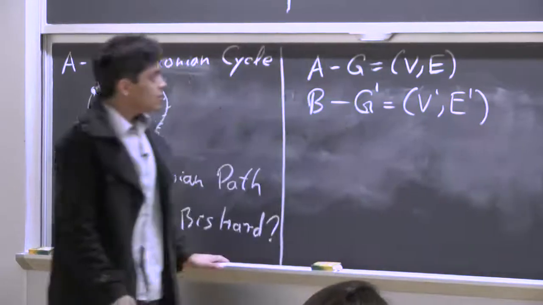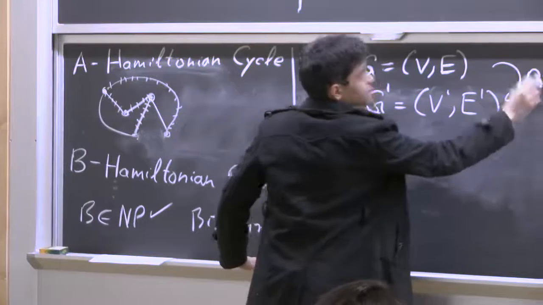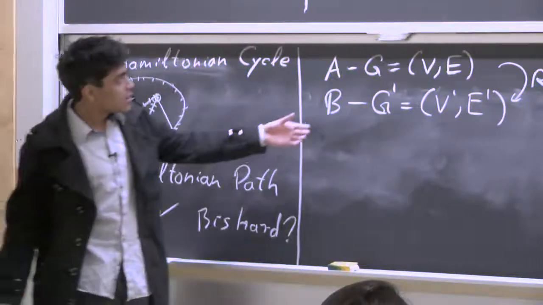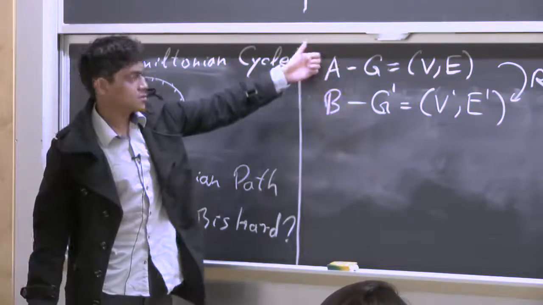This is the transformation R. And you have to argue that the answer that this will spit out is the same as the answer that this would spit out.